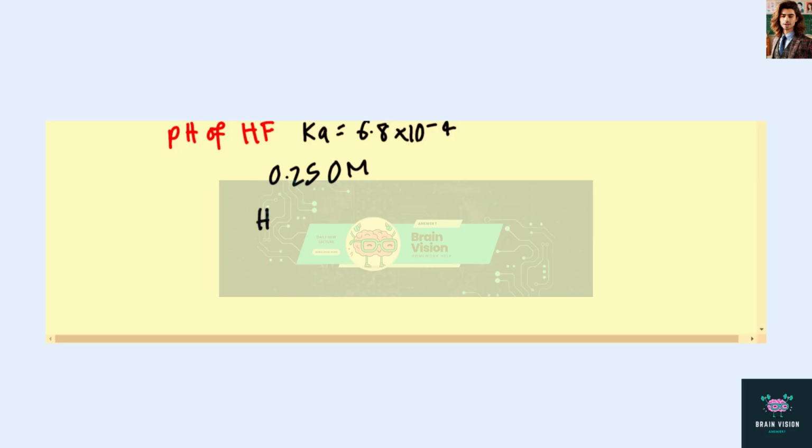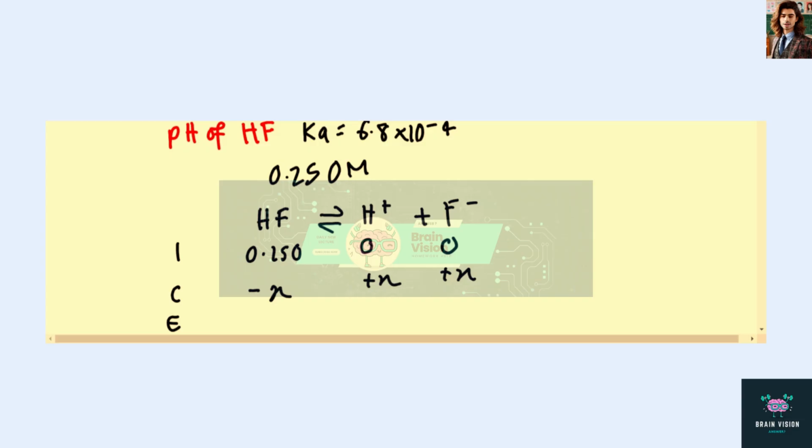So we do the ice table. We're not given a concentration of H plus and F minus, so we're just going to assume that it's 0.